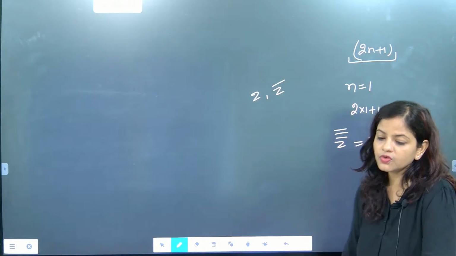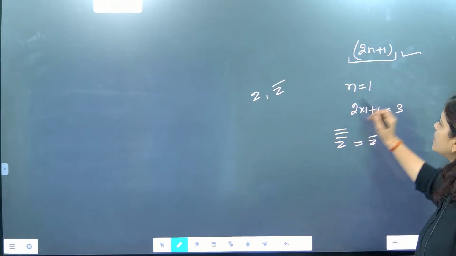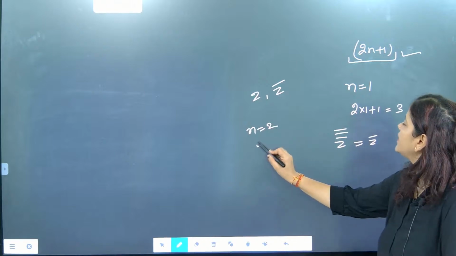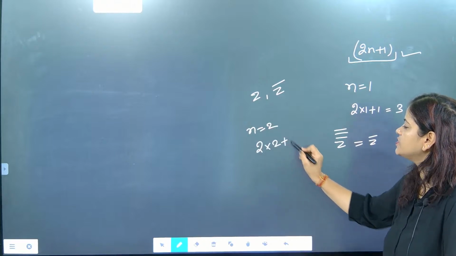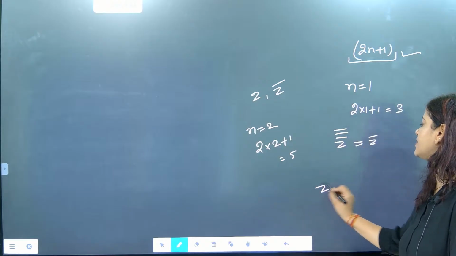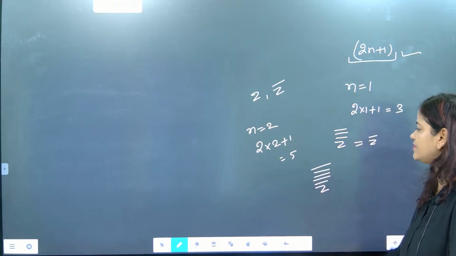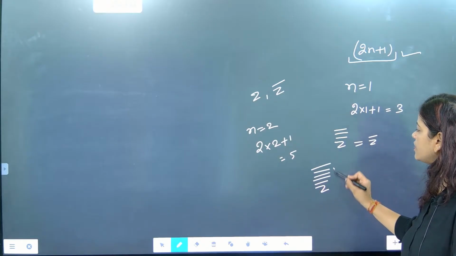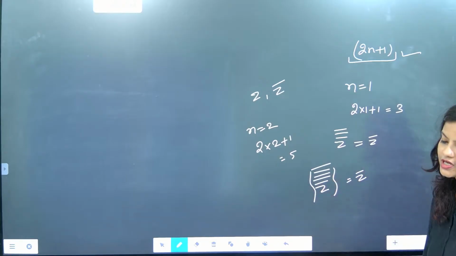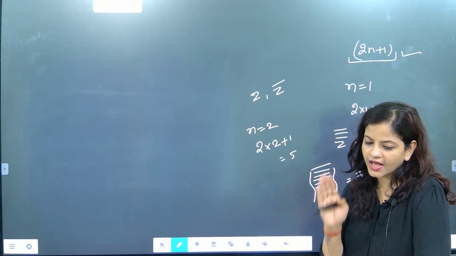Now you can take n equal to 2. It becomes 2 into 2 plus 1, which is how many times, beta? 5 times. So conjugate is coming 1, 2, 3, 4, 5 times. 4 times gives z itself again, so the final answer will be the conjugate. This is what I have discussed.